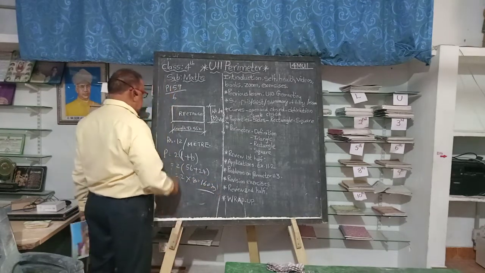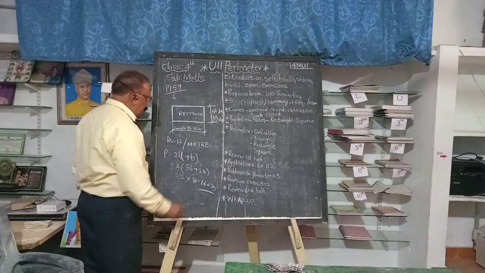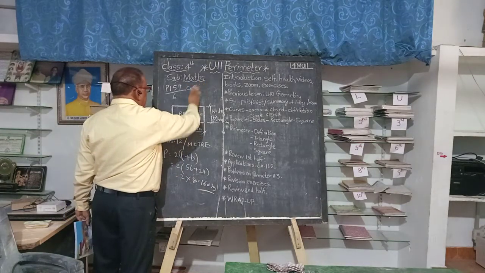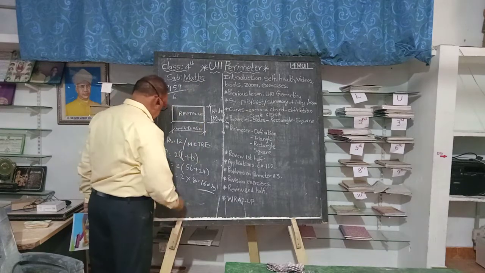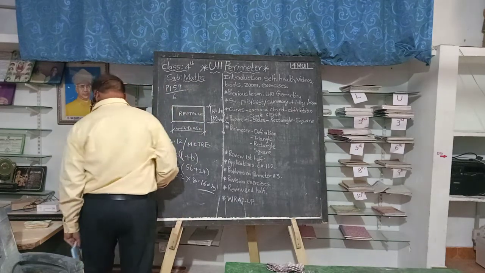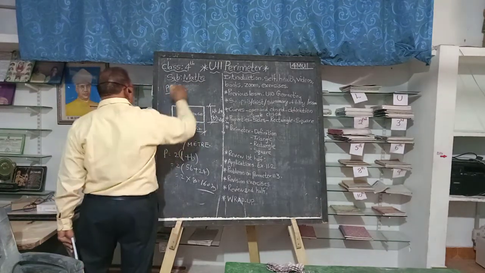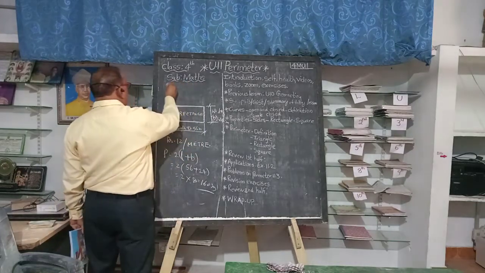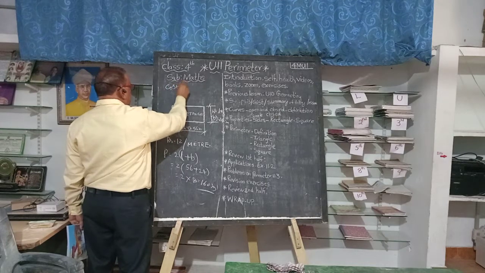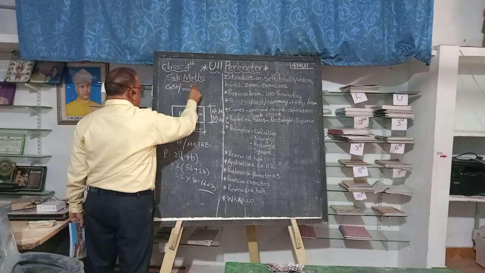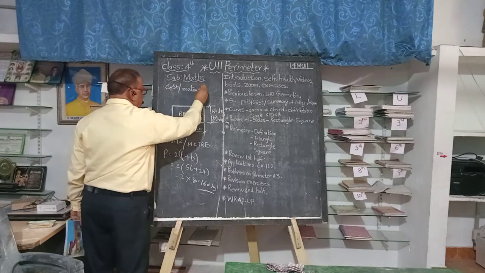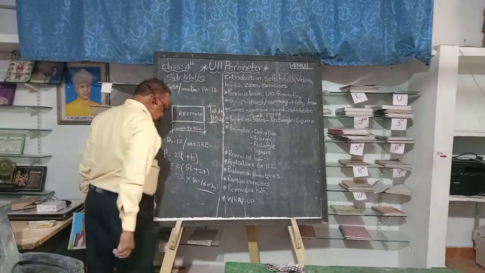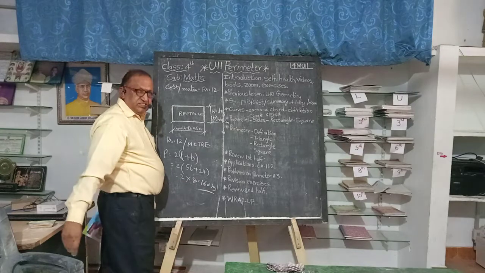Now what is the cost per meter? It is called rupees per meter. So cost per meter is equal to rupees 12. How much do you have to do? Total 160 meters.